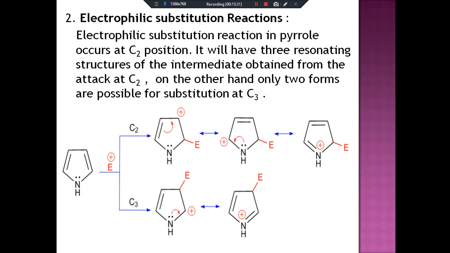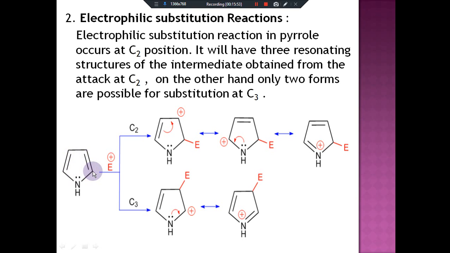If we observe pyrrole, there are 4 carbon atoms. Here the nitrogen is given position 1, then second, third, fourth and fifth. This is the second carbon, third, fourth, fifth.